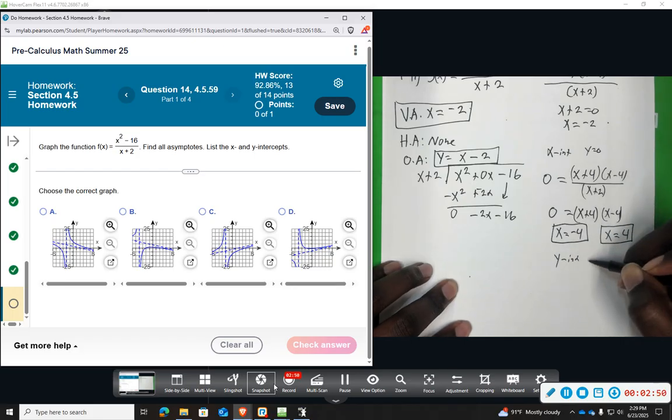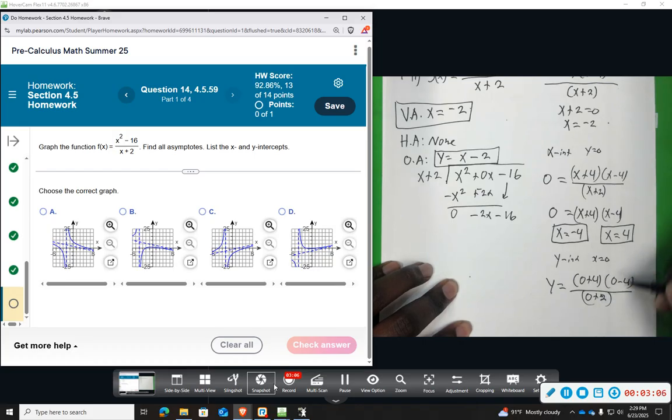For my y-intercept, I will plug a 0 for the x values. That will give us y equals, and we would have 0 plus 4, 0 minus 4, over 0 plus 2. So 4 times negative 4, that will give us a negative 16 over 2, which will give us a negative 8.